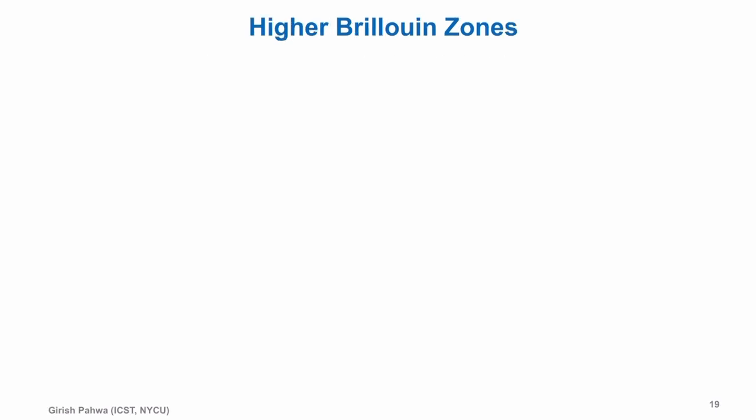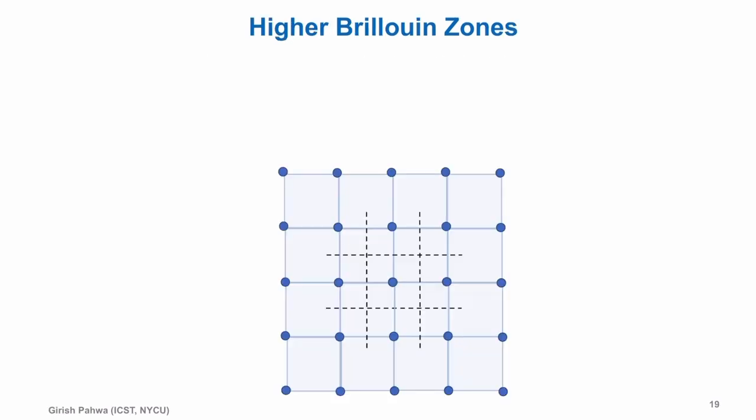So what's the definition of a higher Brillouin zone? Say you have this reciprocal lattice and you create this first Brillouin zone by taking these perpendicular bisectors. Now, how do I make a second Brillouin zone?